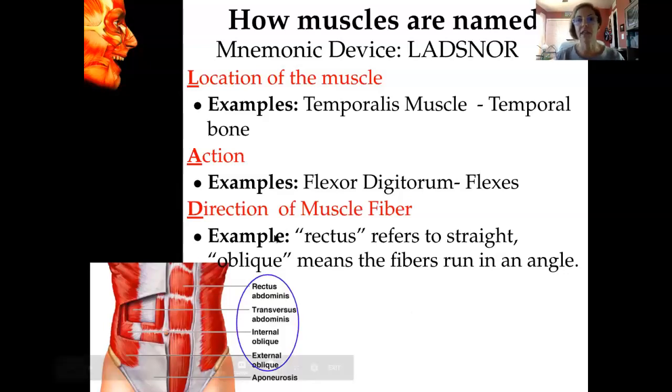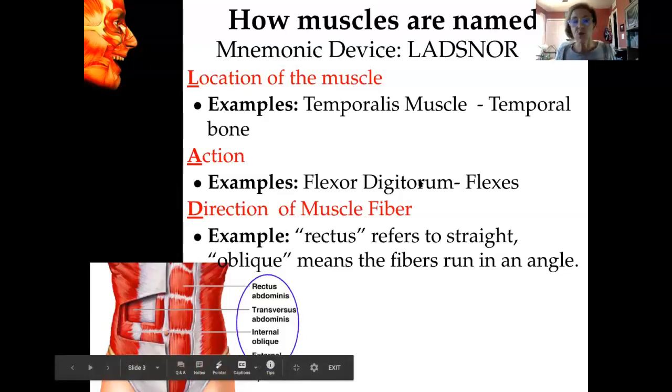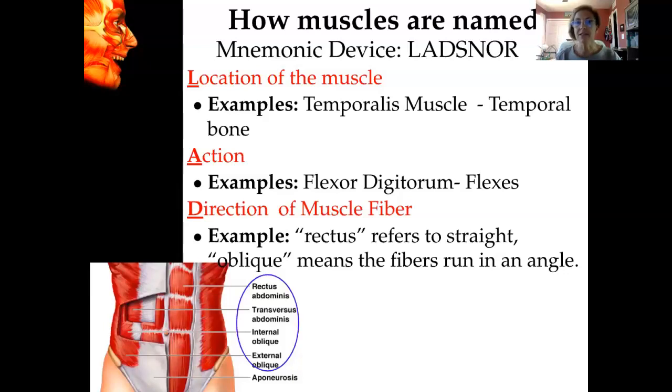Like if you saw flexor digitorum, you would not need to know anything about that muscle in advance. Knowing that we name things according to locations and actions, I would be able to say this is going to flex the digits, which are your fingers, right?